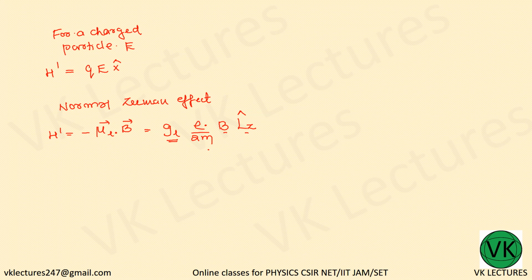Now for the anomalous Zeeman effect, H dash is equal to GJ E divided by 2m B into LZ.